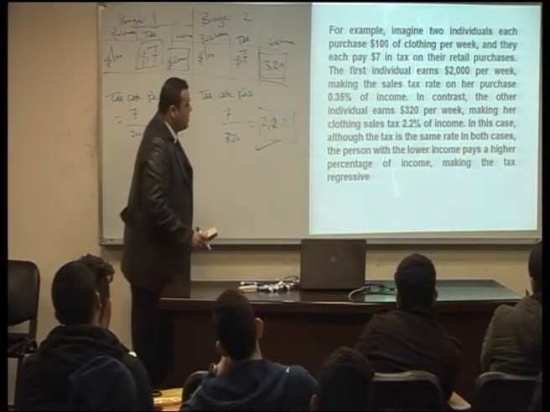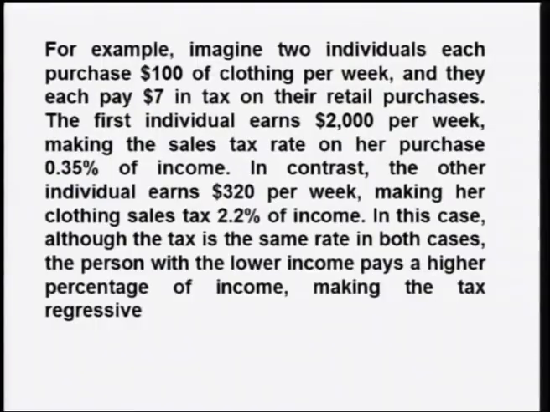See what the analysis here says. The first individual earns $2,000 per week, making the sales tax rate on her purchase 0.35% of income. In contrast, the other individual earns $320 per week, making her clothes sales tax how much? 2.2% of income.